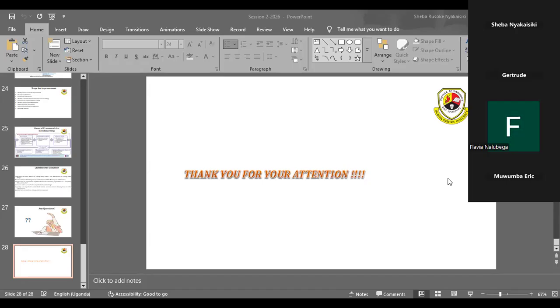Then there's registry of results, results management, and then the person moving from one year to the next, and then eventually graduating, and you move out. All those are business processes.